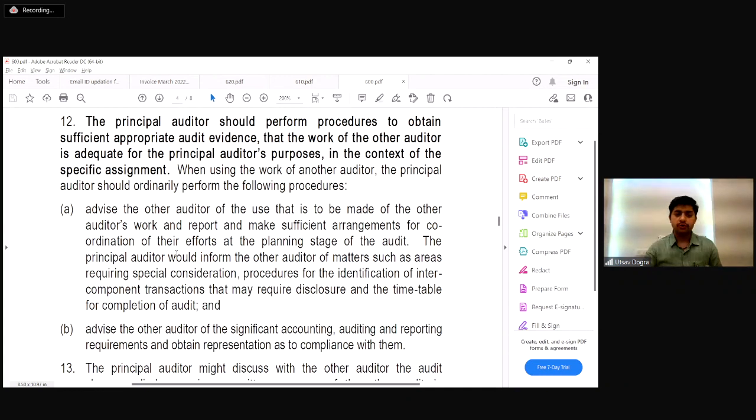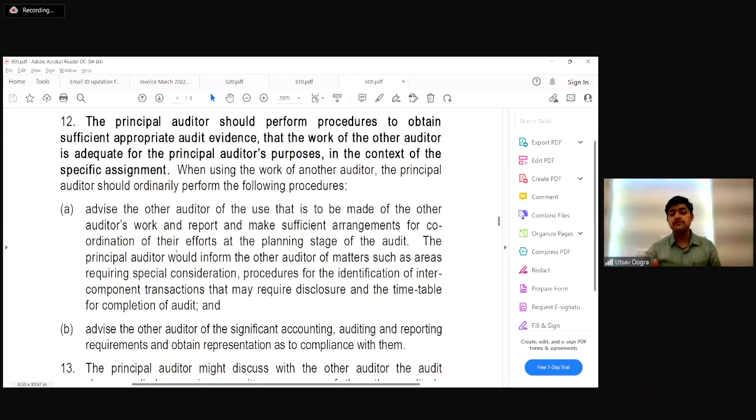So he needs to be very cautious that sufficient and appropriate audit evidence has been gathered, and that the procedures performed are in line with the standards on auditing and good enough that reliance can be placed upon them, and that nothing affecting materiality or that may modify the opinion is happening at the back of it.